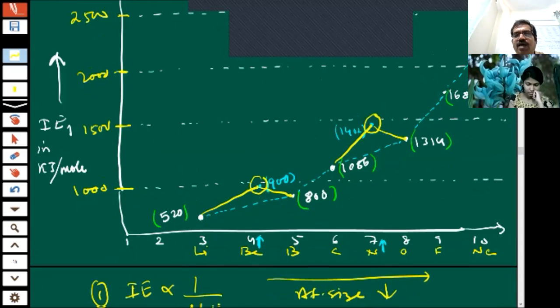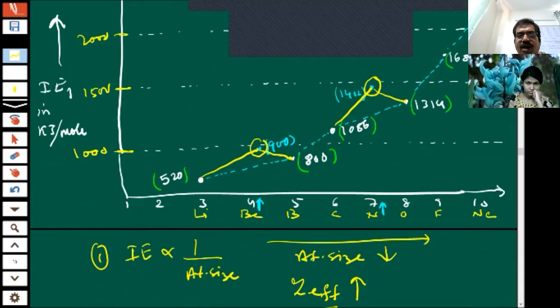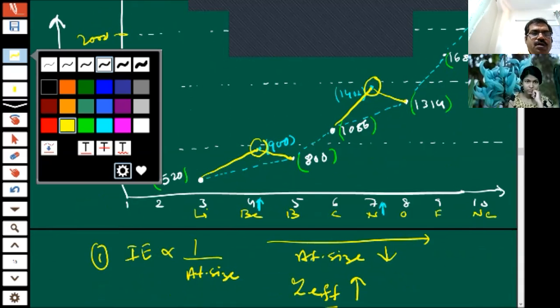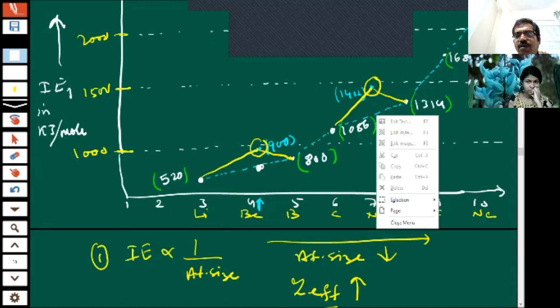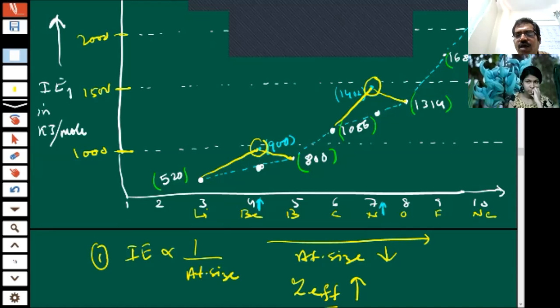Now everybody will ask, what was the expected value of beryllium? Somewhat in between of these. In between of this, here we expected for beryllium and here we expected for nitrogen. These are the expected values.